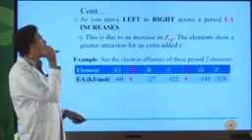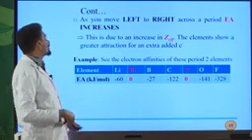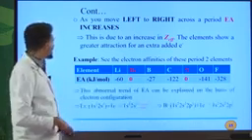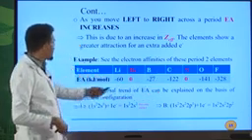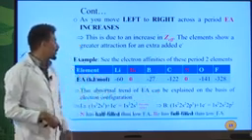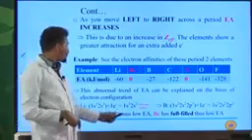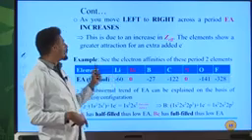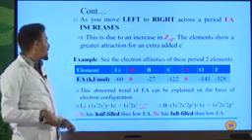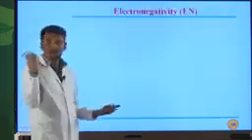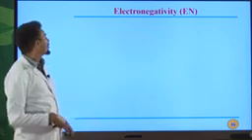This abnormal trend of electron affinity can be explained on the basis of electron configuration. Nitrogen is half filled, but beryllium is fully filled. Because of this, they do not require an extra electron. Therefore, they have smaller electron affinity.